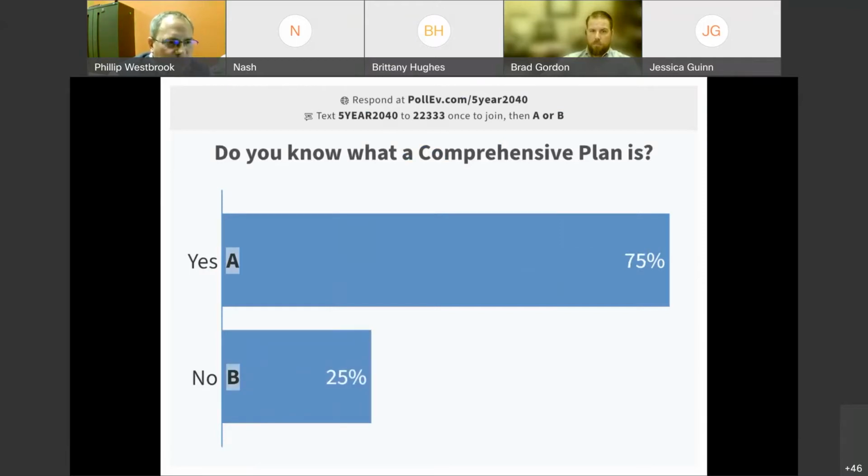You would answer the question by typing in A or B. Again, this is just to get familiar with the process. This question doesn't have any value to the process. It's just to get you familiar with the polling as we move through.